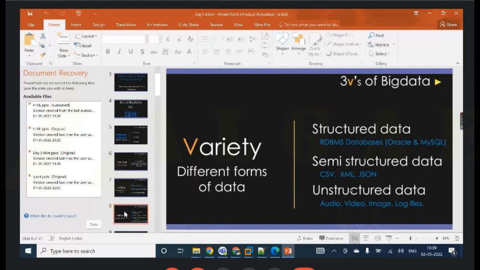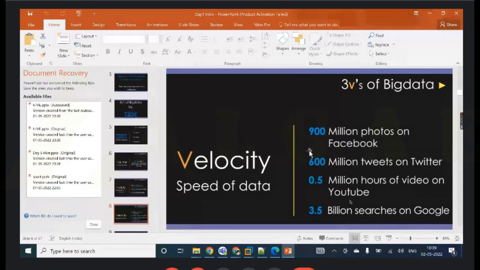And velocity. What is velocity? Speed of data. For example, today you have 1 GB of data and you are retrieving the data in 1 minute. Suppose after 1 month you have 1 TB of data, but it is taking 5 minutes instead of 1 minute. Your data should not behave like that. The same speed it should give, or more, within 50 seconds, 30 seconds.